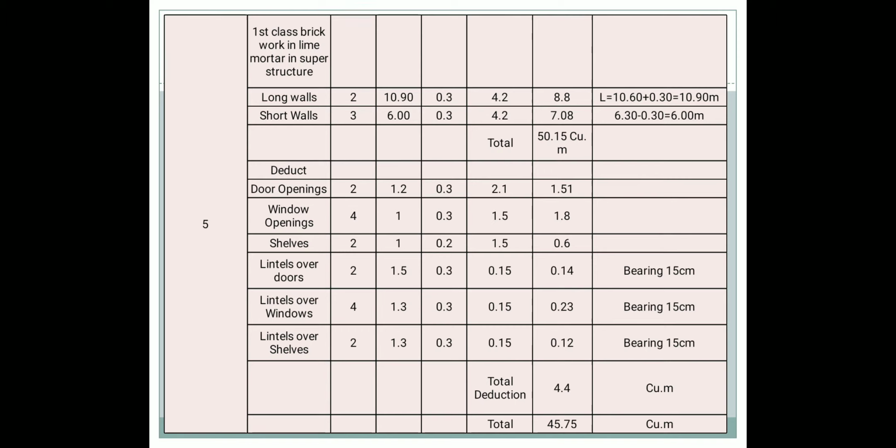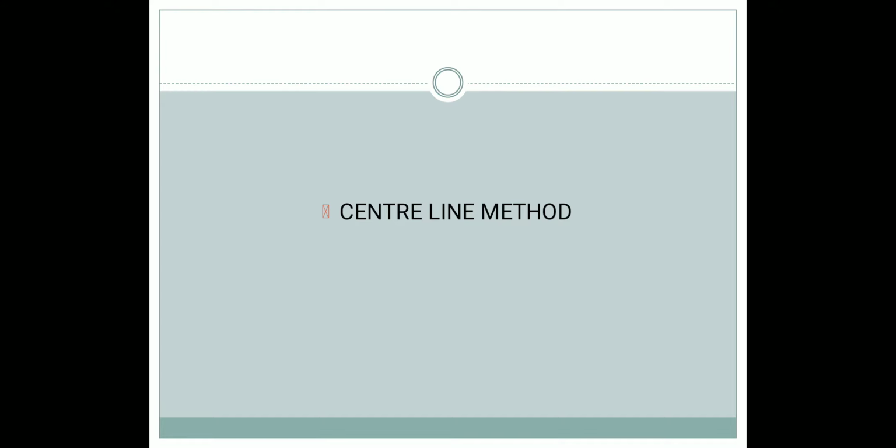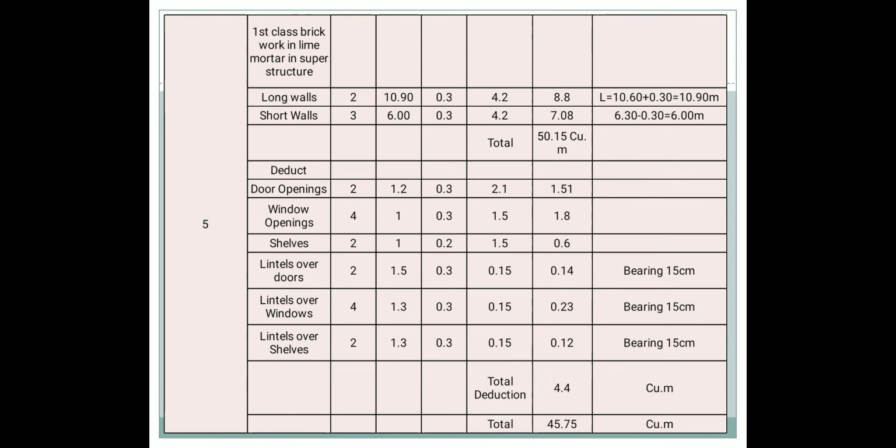For windows it is 4, 1.3, 0.3, 0.15, 0.23. And for shelves it is 2, 1.3, 0.3, 0.15, that is 1.2. The total reduction is 4.4, and overall for subtracting from 50.15 it is 45.75 meter cube. So this is how we solve it by long wall short wall method.